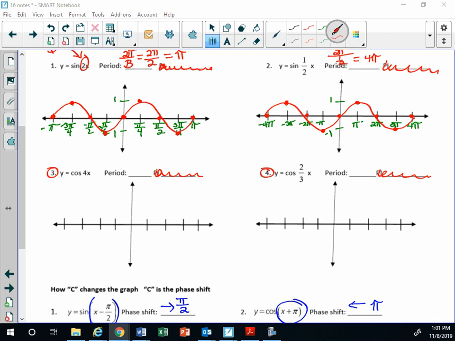Oh, wait, this is... Because on this one, I don't know.